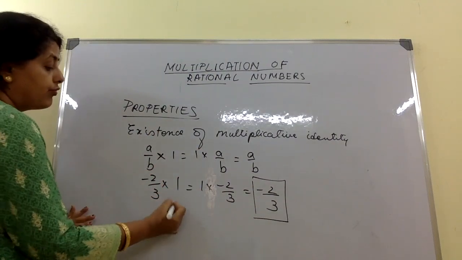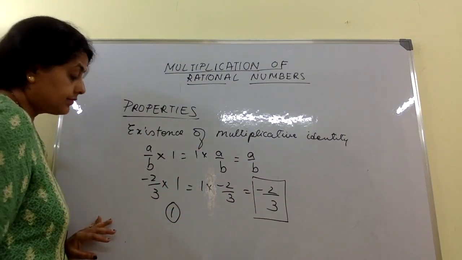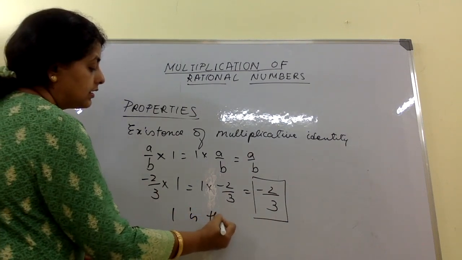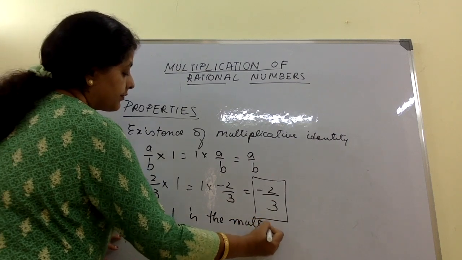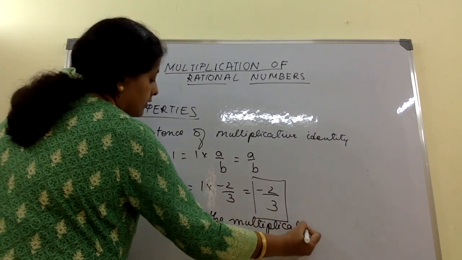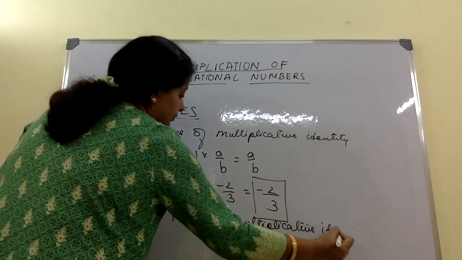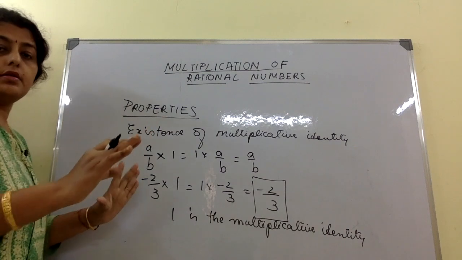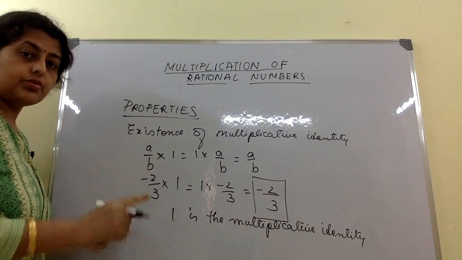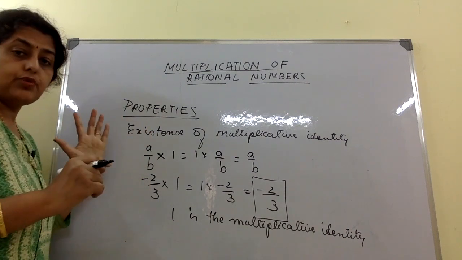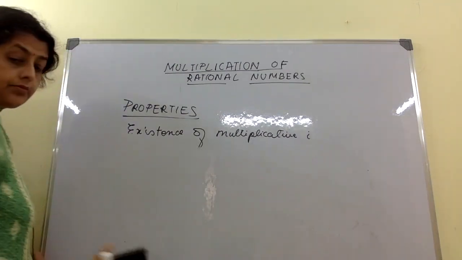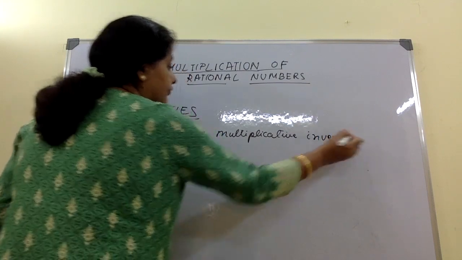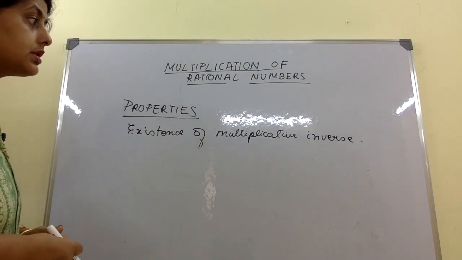Hence 1 is the multiplicative identity. Remember it stays the same for the entire set of rational numbers. Only one multiplicative identity, and that is 1. Okay. Now the next one is existence of multiplicative inverse. What is multiplicative inverse? Okay.